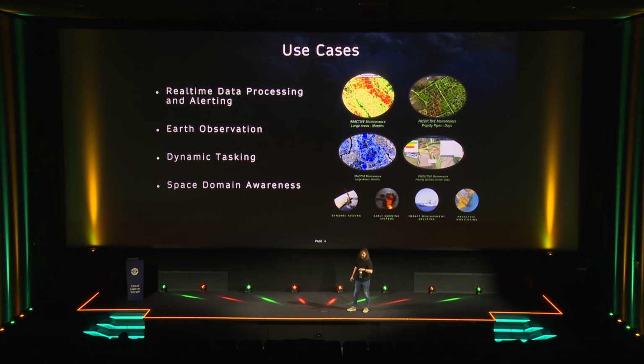Then dynamic tasking is when you have multiple satellites, deciding which satellite is appropriate for a given task based on its properties or its orbit. And space domain awareness is more about, instead of observing Earth, observing the space environment, checking for objects or potential collisions. A lot of this is still research-based and experimental, but we're starting to see more and more commercial use cases.